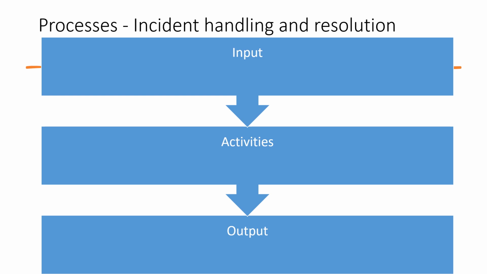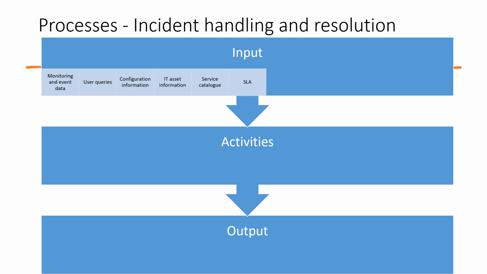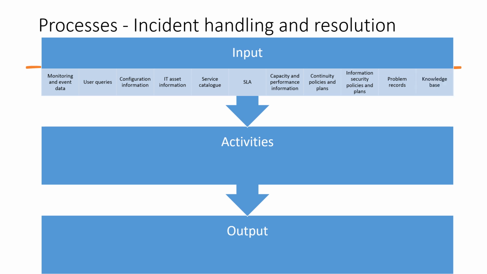For the incident handling and resolution process, there are the following inputs: monitoring and event data, user queries, configuration information, IT asset information, service catalog, SLAs with consumers and suppliers and partners, capacity and performance information, continuity policies and plans, information security policies and plans, problem records, knowledge records.